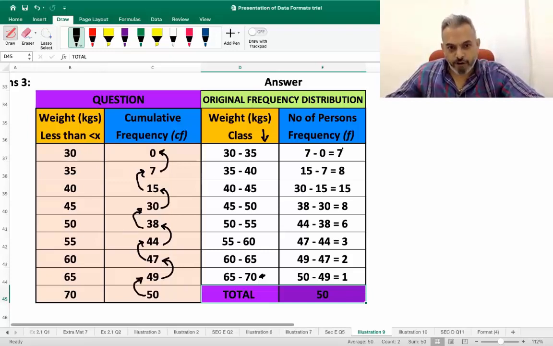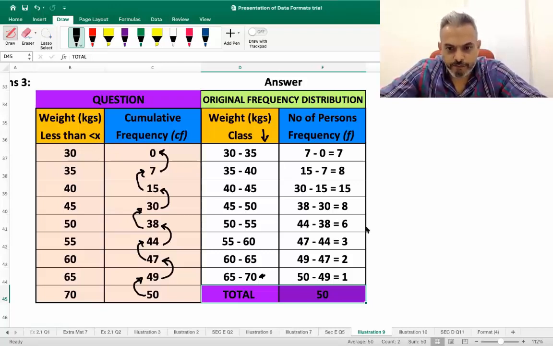Doing this, we got all these values. Now go through it, see if you have any doubts.